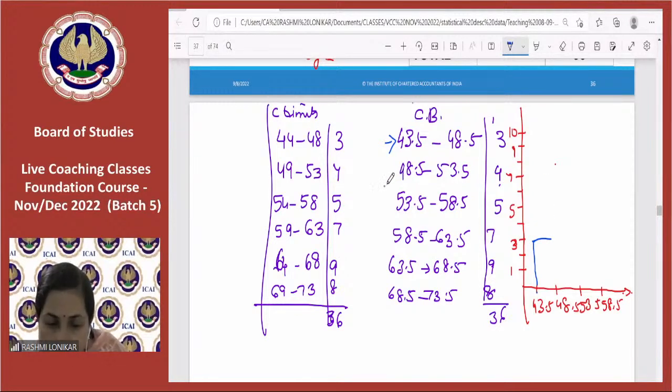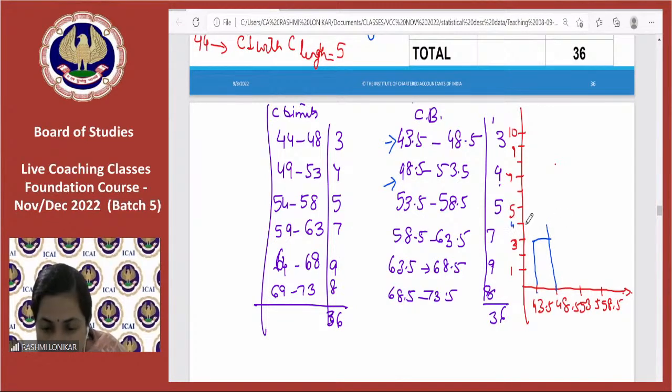What happens at 48.5 to 53.5? The frequency is 4. So from here, I will take the line up to here because this is 4. Then 53.5. What is the situation at 5? From here, I take it up to 5. This again is attached to the next. After 5, it is 7.